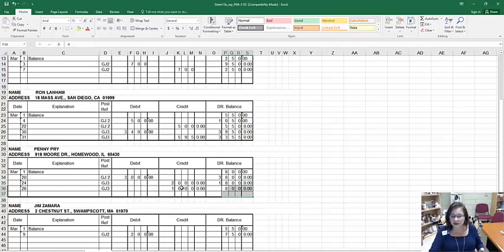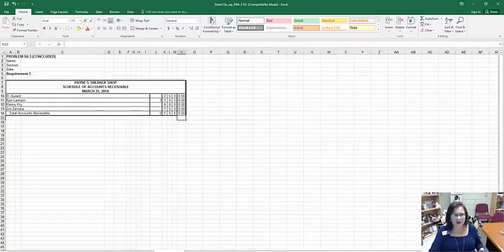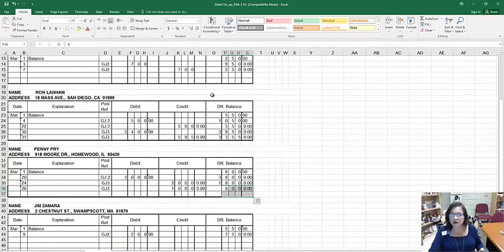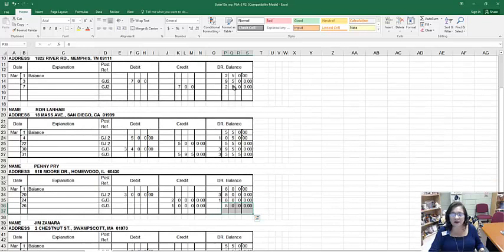Okay? Then we also have to prepare what is called a schedule of the AR accounts. What the heck is that? That's very simple. That information is the totals at the end of the month of what people owe you in their individual accounts.